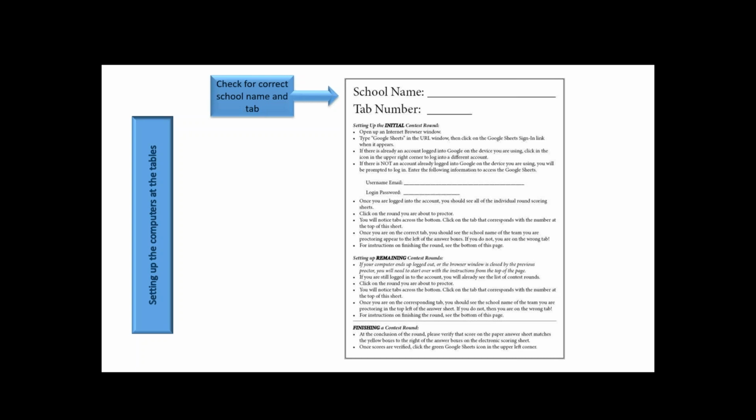So if the school is Carmel High School and the tab number is 3, they'll have that written on the sheet for you as you begin. Now, you'll need to check for the correct school name and the tab number.